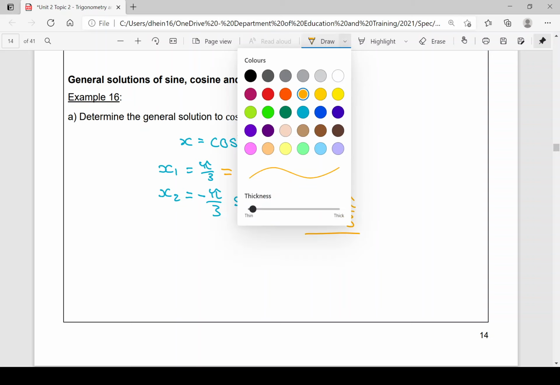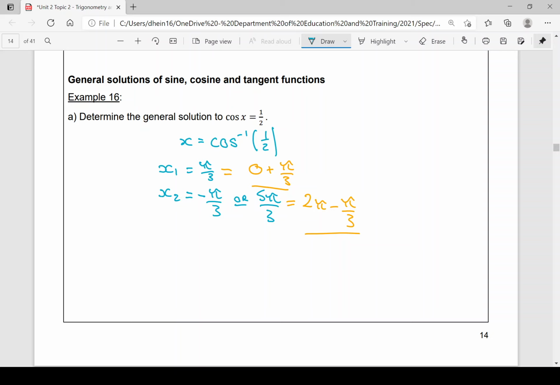So we have a property that we'll look at over in this space here. If you have cosine of x equal to some number a, then our solution is going to be inverse cosine of a being added to or taken away from 2 pi times some n, where n is an integer.